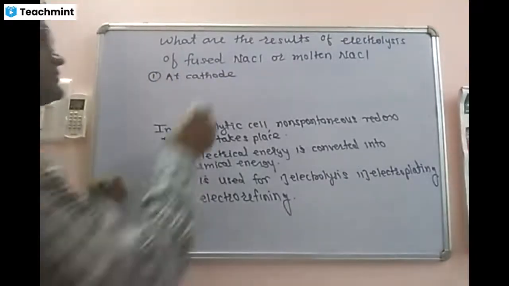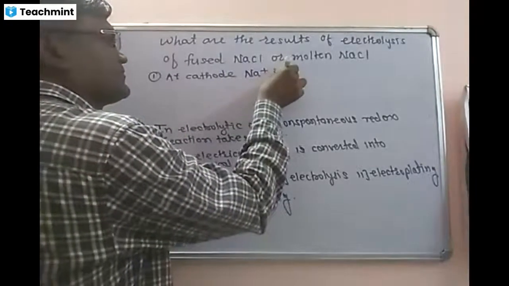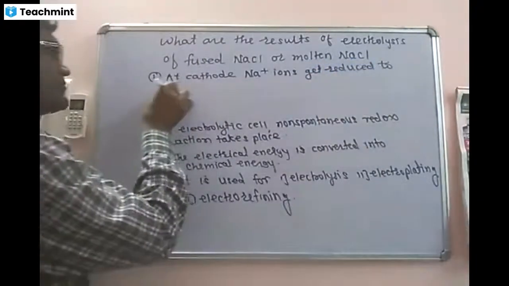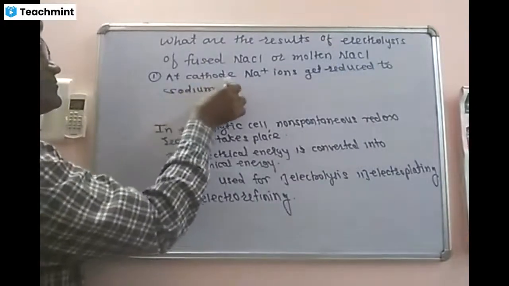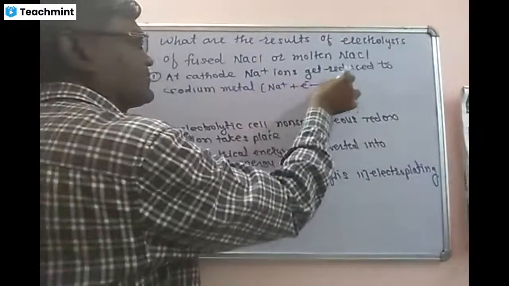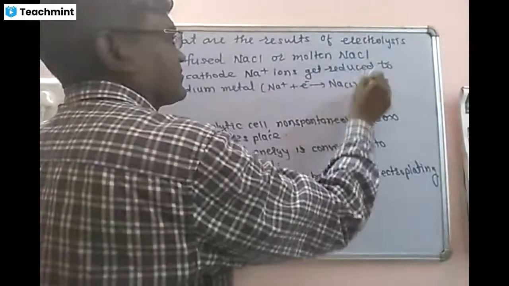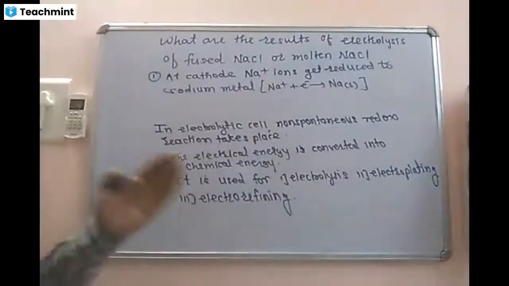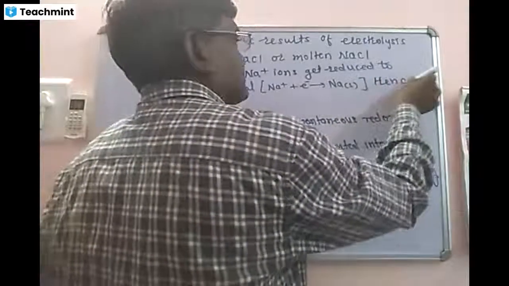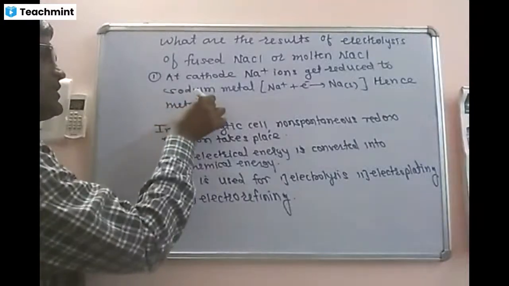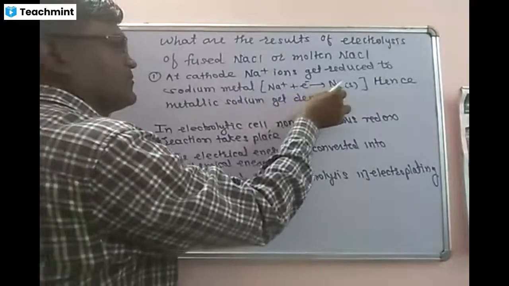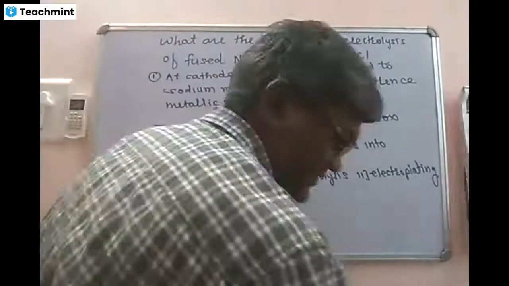At cathode, कैथोड पे Na पॉजिटिव का रिडक्शन हो गया एंड सोडियम गेट डिपॉजिटेड. मेटालिक सोडियम get deposited.